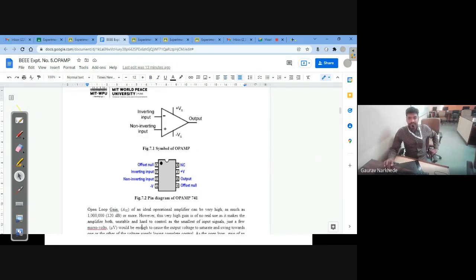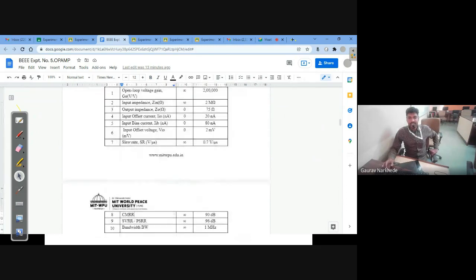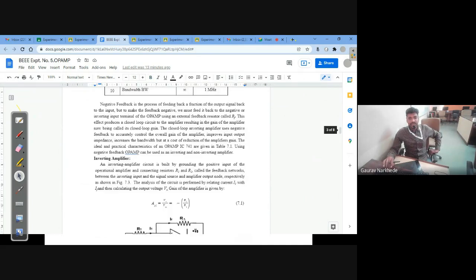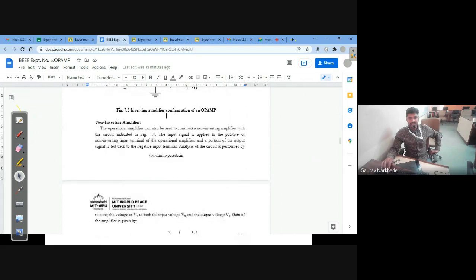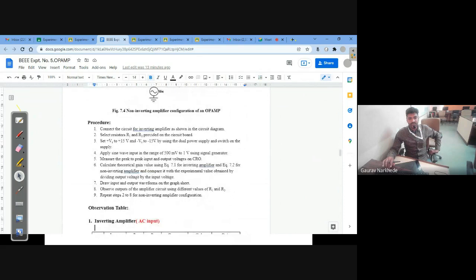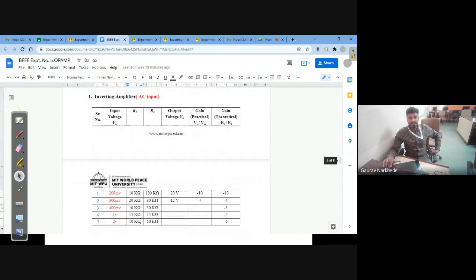Okay, and then these are nothing but the characteristics which we have covered in the class, right? Practical and ideal characteristics of the operational amplifier. And then this is the circuit which I have just recently explained, the inverting and non-inverting circuit of the operational amplifier. And then let us calculate the output voltage.